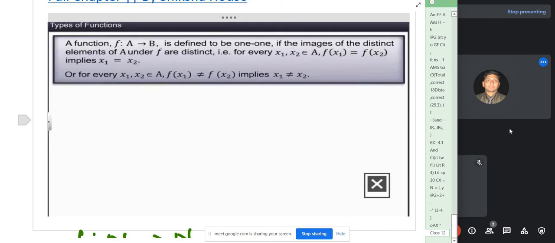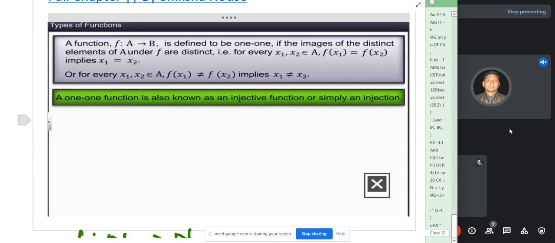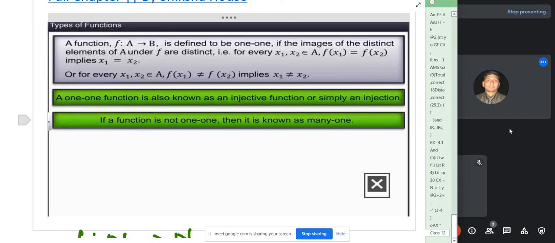Or, if f of x1 is not equal to f of x2, then x1 is not equal to x2. A 1-1 function is also known as an injective function, or simply an injection. Further, if a function is not 1-1, then it is known as many-1.